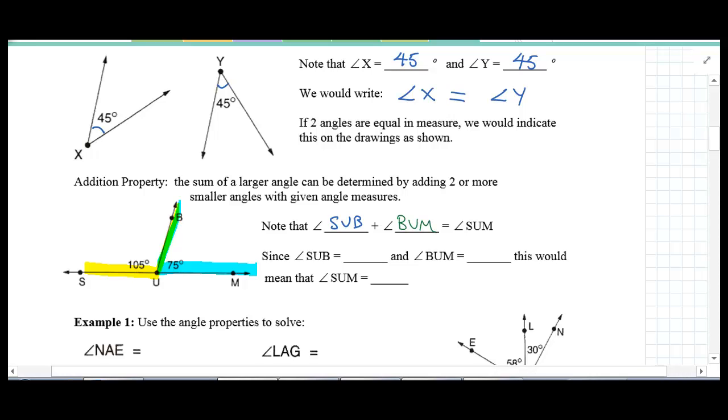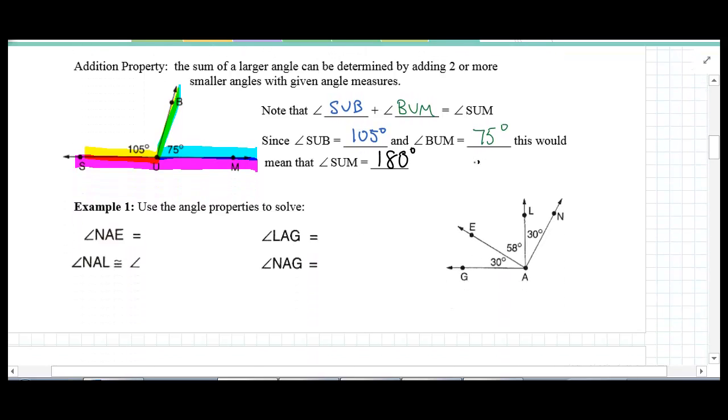And if you add them together, you get SUM, the flat angle there. Now it says here, since sub is 105 and bum is 75, when I add them both together to get sum, the answer is 180 degrees. And that's kind of neat because angles on a line now add up to 180.